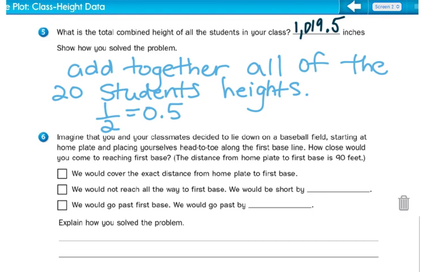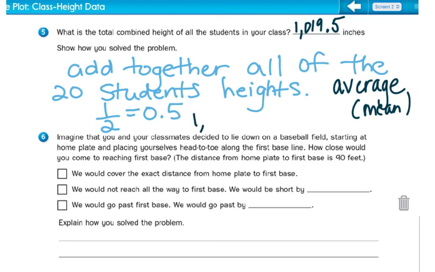So how would you find out what the average height was? I know this isn't a question on your page, but all you'd have to do is on your calculator, take that 1,019.5 and divide it by the number of students. Divided by 20. That would give you the average, what we call the mean.